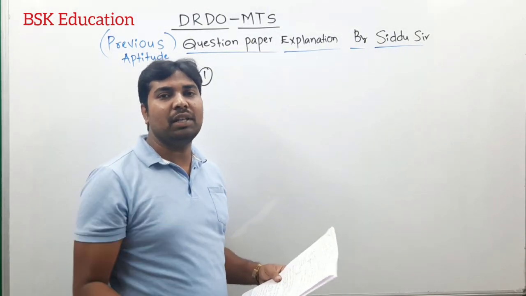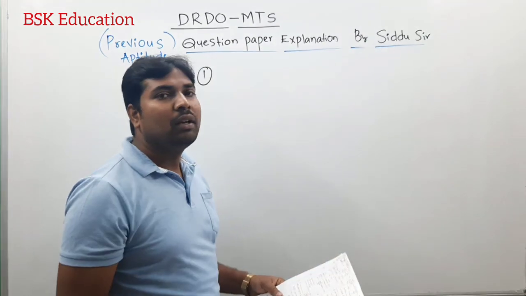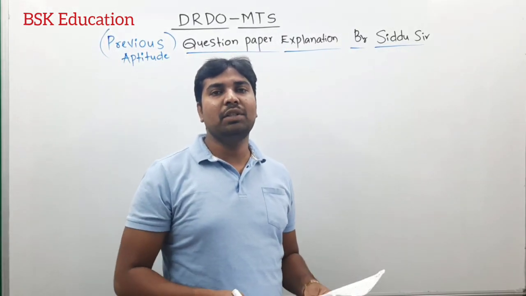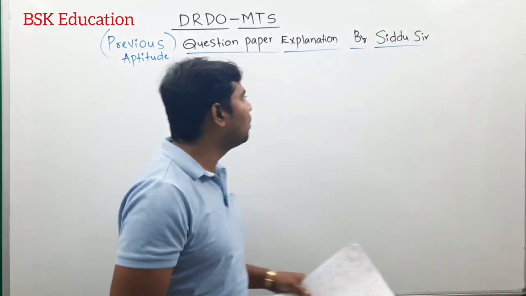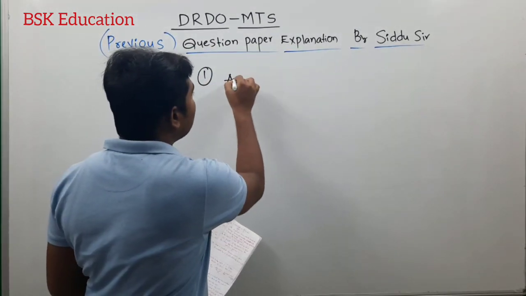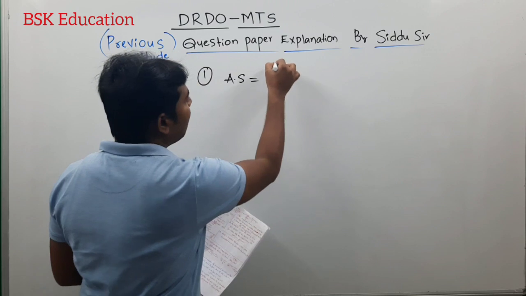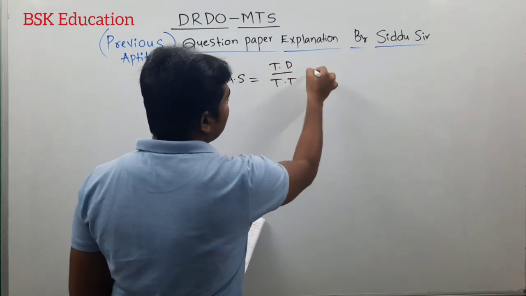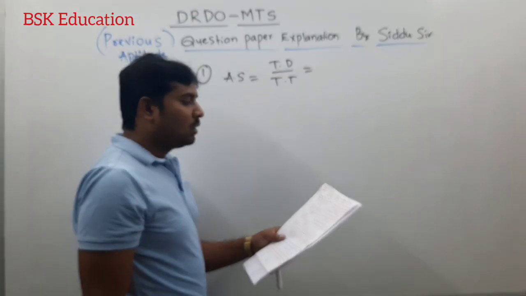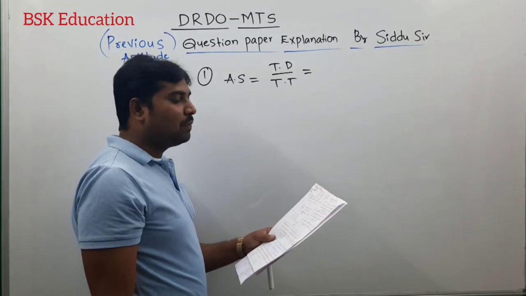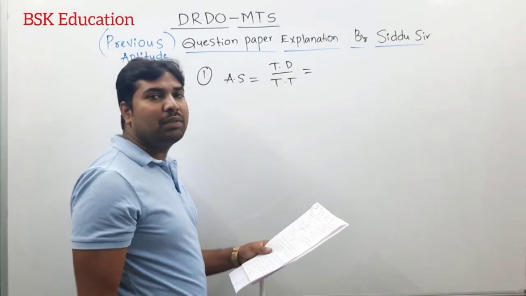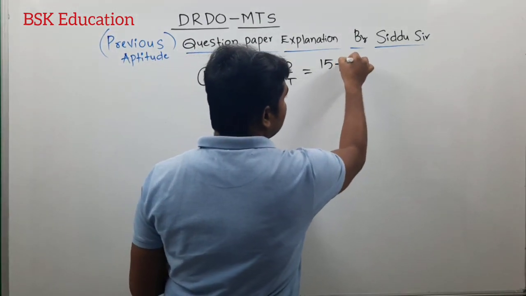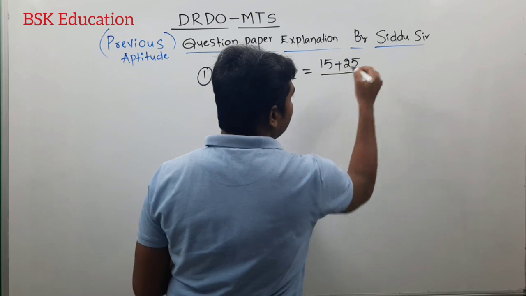As you know, if two or more speeds or distances are given, how do you calculate the average speed? Average speed is nothing but total distance divided by total time. A person travels 15 kilometers, and another distance is 25 kilometers.